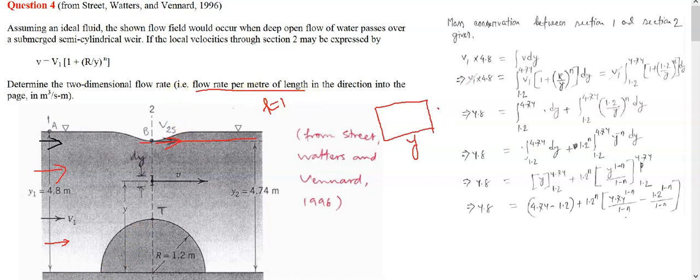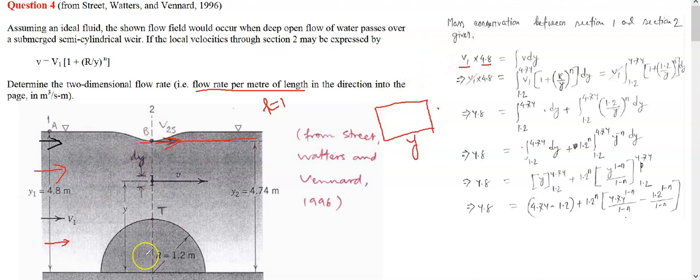So if we use the mass conservation principle for section 1 and section 2, then we can write v1. When we calculate the flow rate, we multiply the velocity and the area. So this is the formula for section 1.